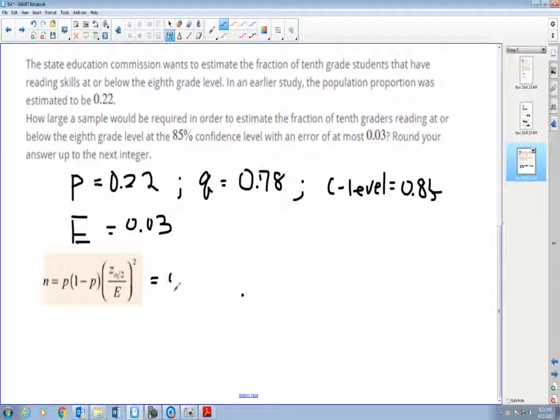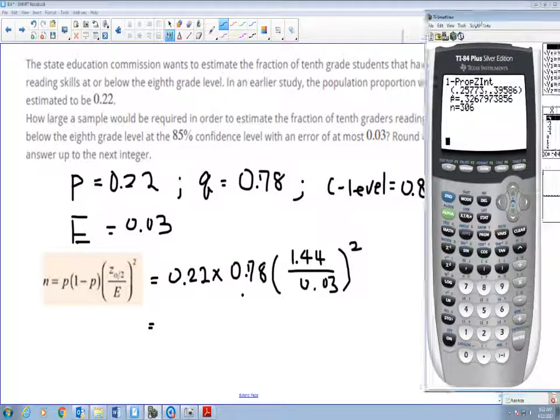So this is going to be 0.22 times 0.78 times parenthesis 1.44 divided by margin of error 0.03, whole thing squared.